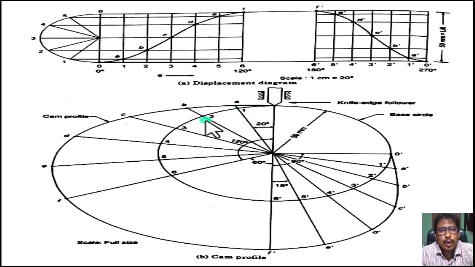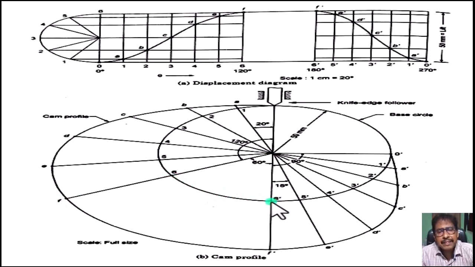Mark 1, 2, 3, 4, 5, 6, and extend these lines. Now this is 60 degree.